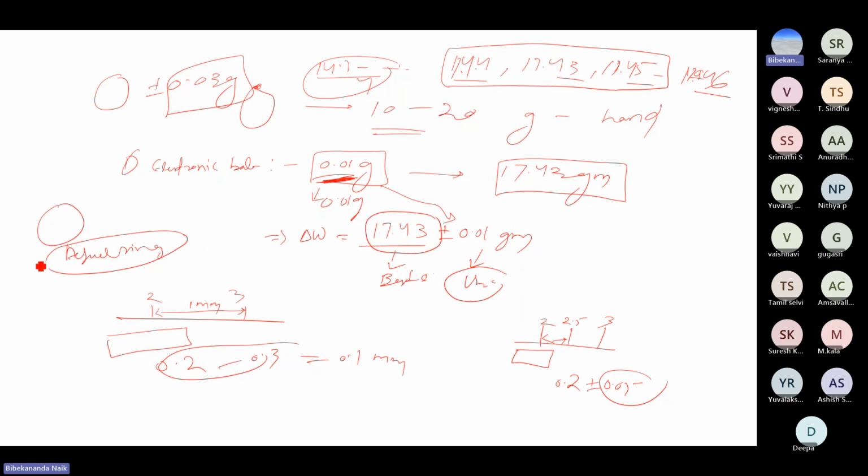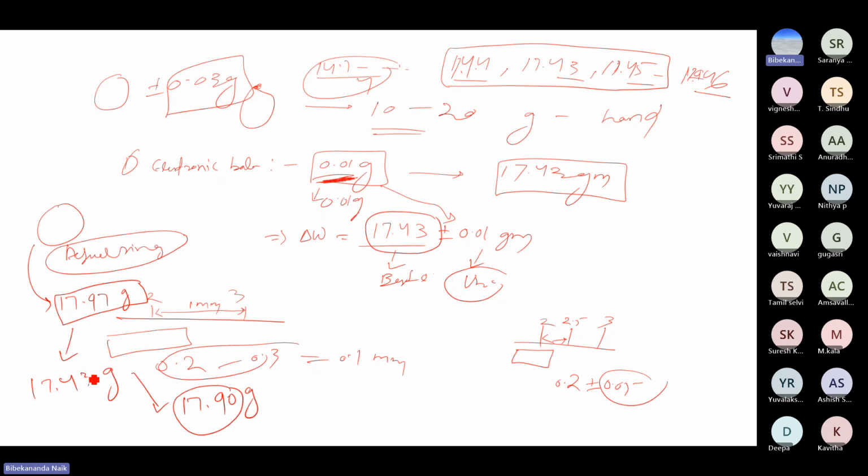Suppose we know that the weight of the ring is 17.97 gram. If one reading is coming 17.43 gram and another reading is coming 17.90 gram, then we can say that this is more accurate and this is less accurate. So when you are talking about accuracy, we need to have some known value so that we can say this has the least uncertainty in measurement. So this is more accurate.